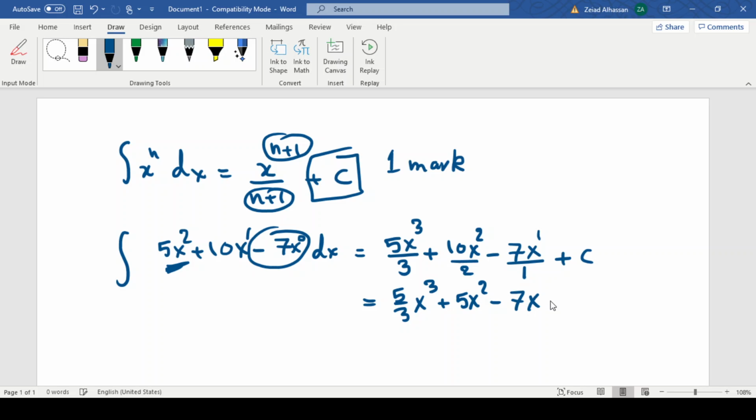When it comes to another, let's take an advanced integration.